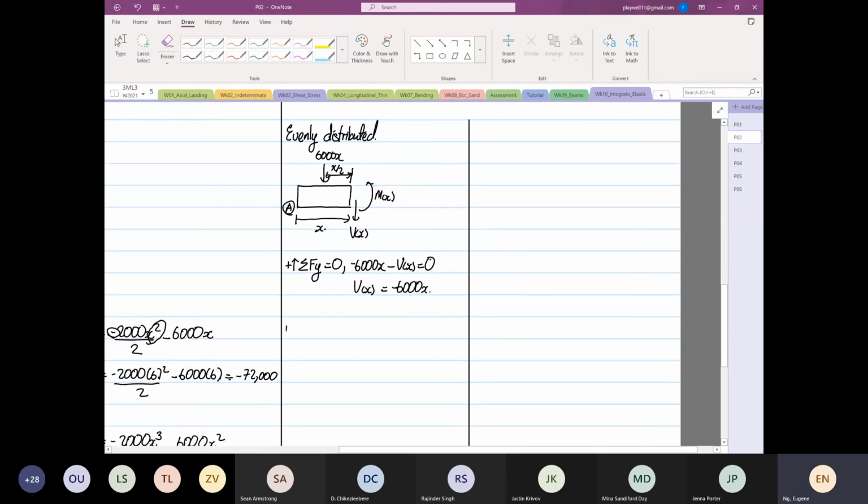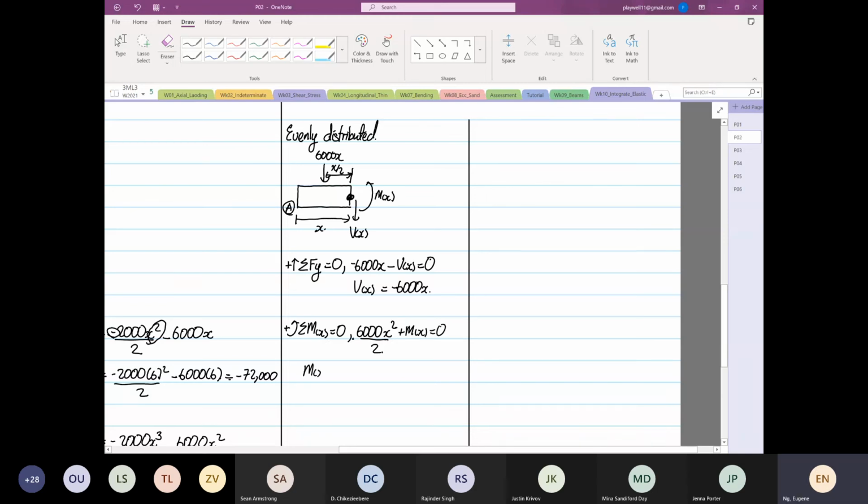Then we take the moment as a function of x equal to 0, meaning we're going to take moment over here. So what we have is, same direction, 6,000 x squared divided by 2, and then we add M as a function of x.